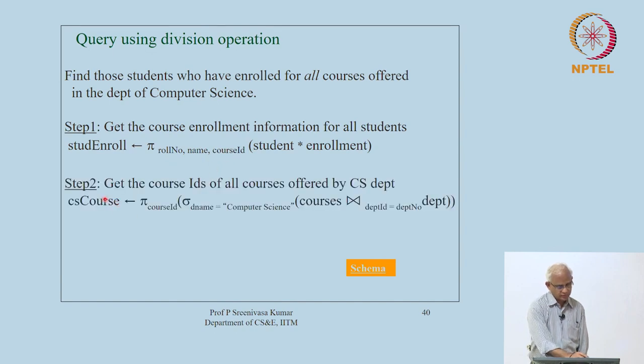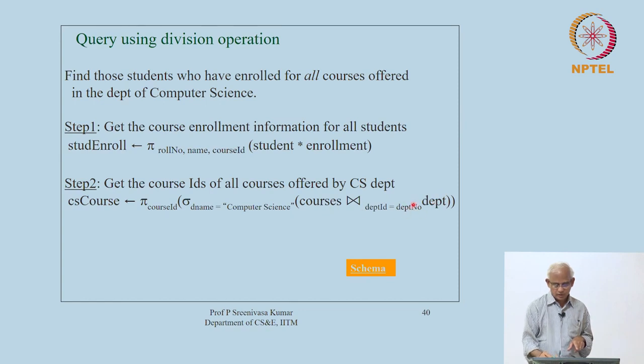And then in the second step, we are getting the course IDs of all courses offered by the computer science department. How can you get that? It is very simple. We take the courses and the department and do a join saying that department ID should be same as department number. In the courses, we have department ID attribute as to what is the offering department, and in the department we have department number.